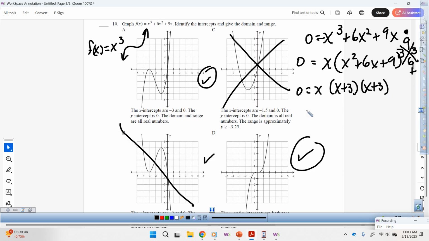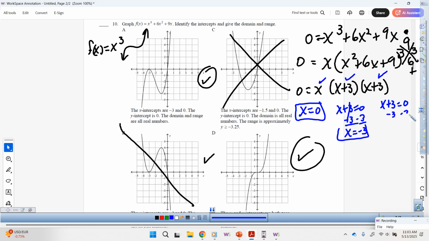Next step, set it equal to 0 and solve. All of them. Start with this one. x equal to 0. Then this one, x plus 3 equal to 0. Then this one, x plus 3 equal to 0. So this is already solved. Minus 3 minus 3. x equals negative 3. Minus 3 minus 3. x equals negative 3.